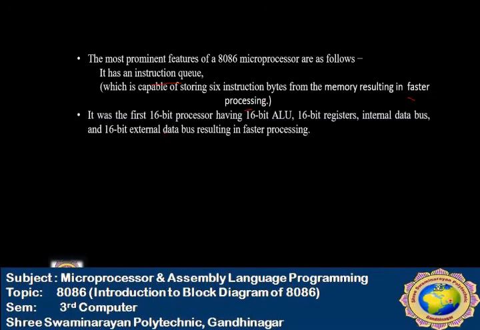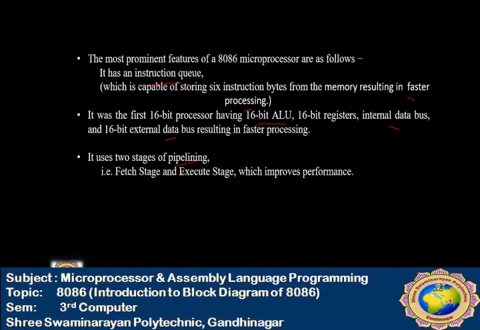It is the first 16-bit processor having a 16-bit ALU and 16-bit registers, with internal and external data buses, resulting in faster processing. Also it has a 2-stage pipeline. This is also new in the 8086 and is not available in the 8085: one is the instruction queue, another is pipelining.